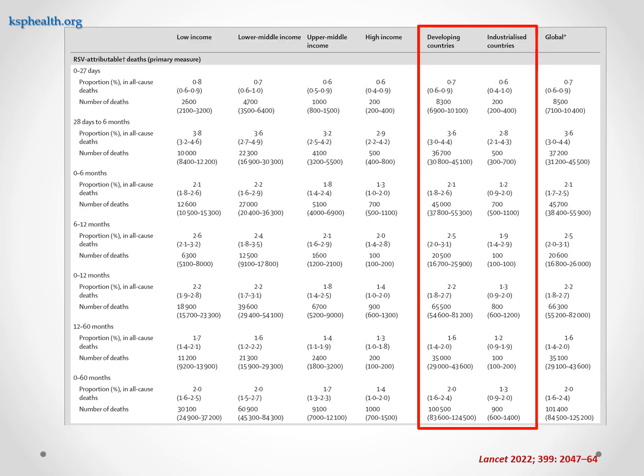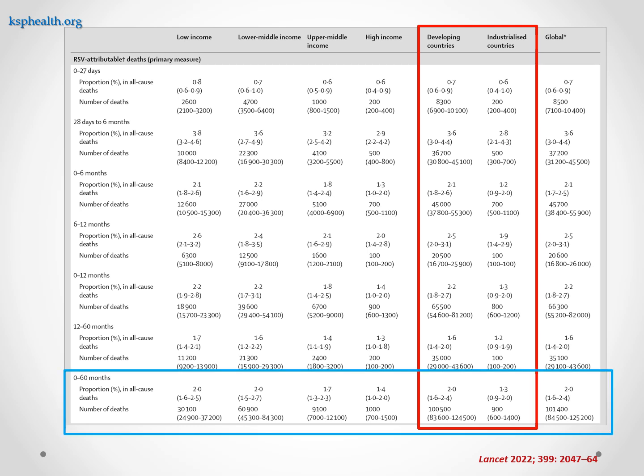When you look at the mortality, it includes mortality attributable to RSV and also death attributable to other complications like secondary bacterial infection, sepsis, and so forth.